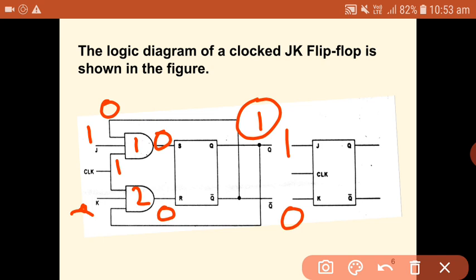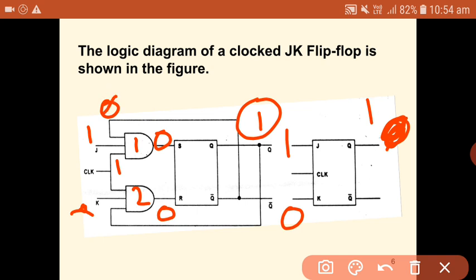What is the previous output you have assumed? It is 1, because you have assumed Q bar as 0, that means indirectly you assumed Q as 1. So the same value will continue for J is equal to 1 and K is equal to 0. So the output Qn+1 will be equal to 1. And this is when I am assuming Q bar as 0.